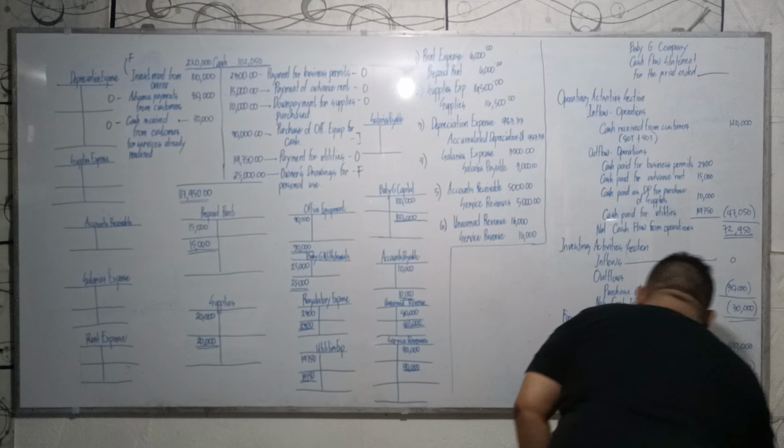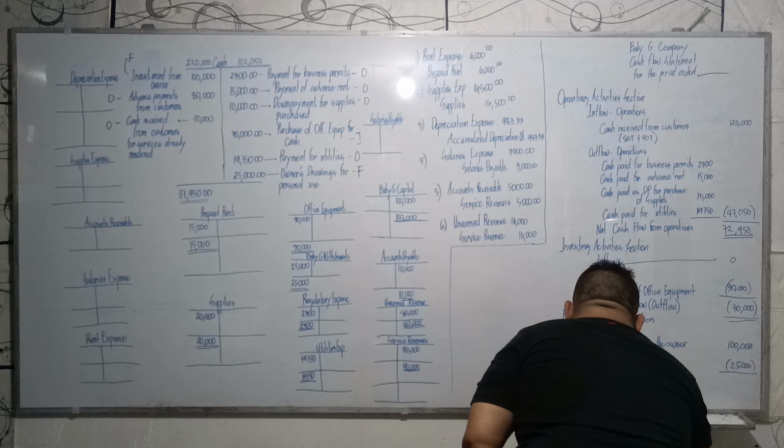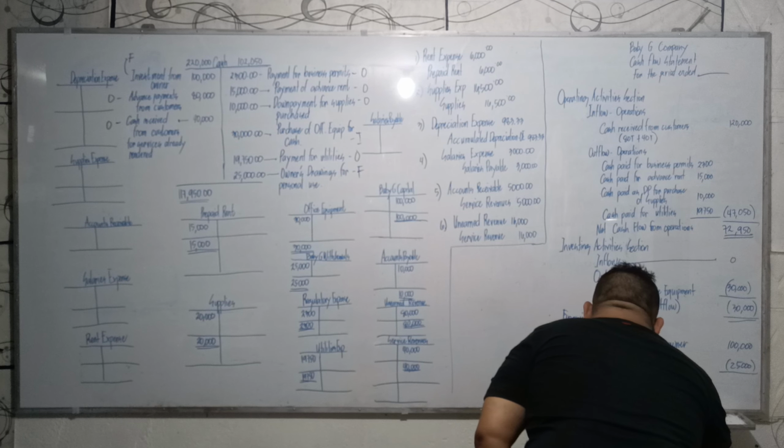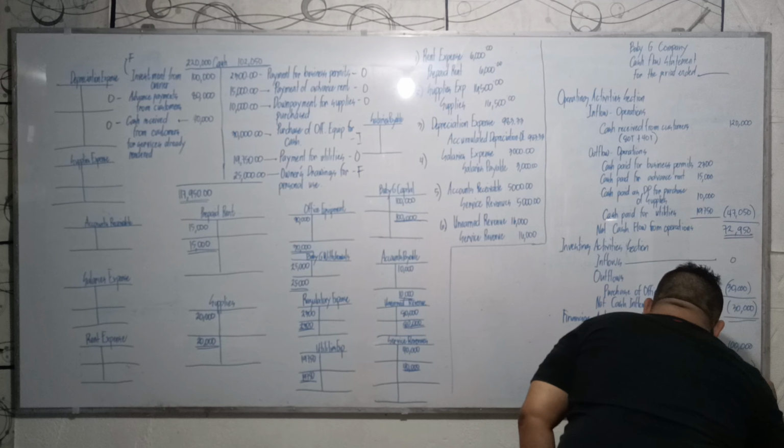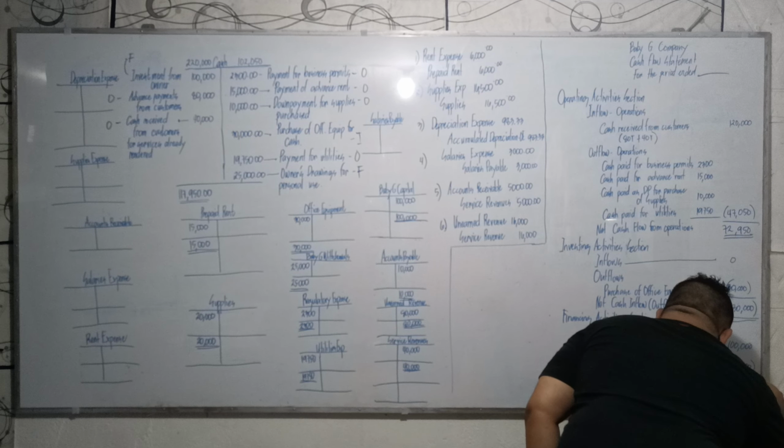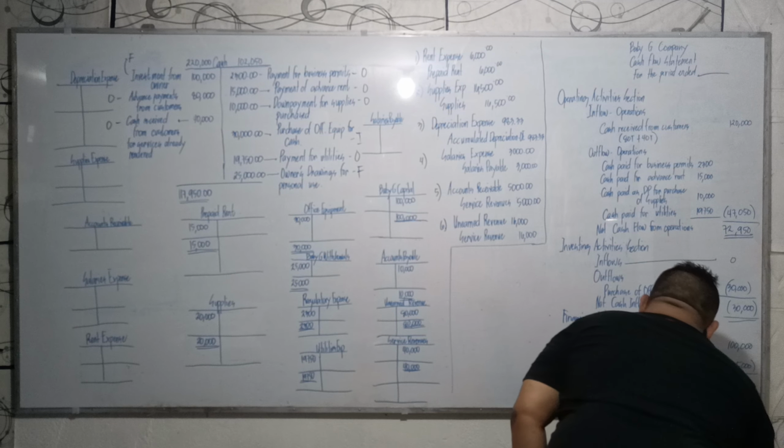So meaning, you will have a net cash inflow or outflow. But in this case, we have 75,000 positive, so that's an inflow.